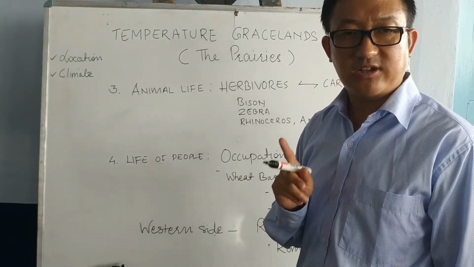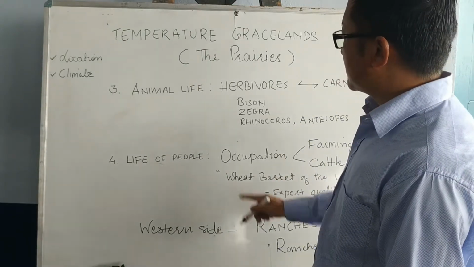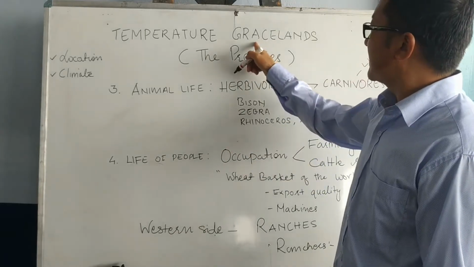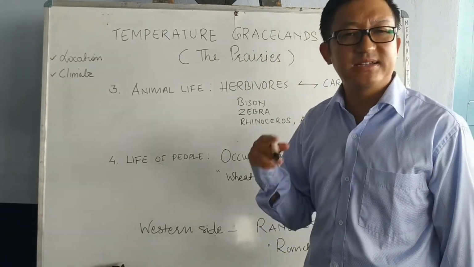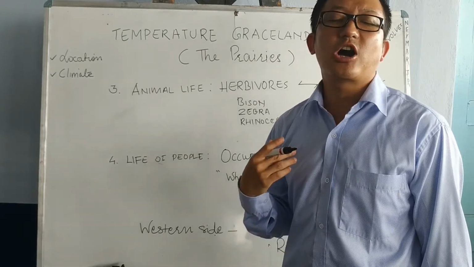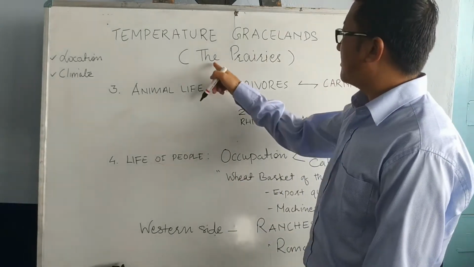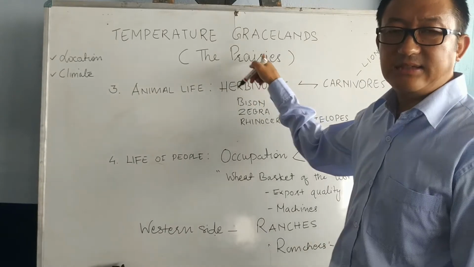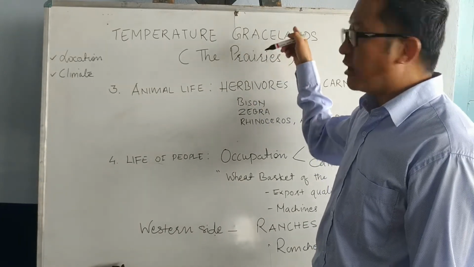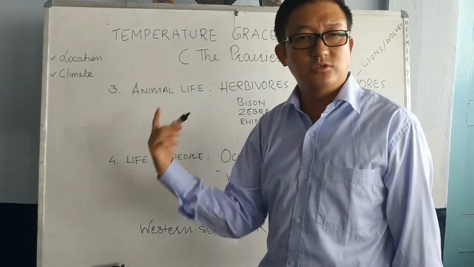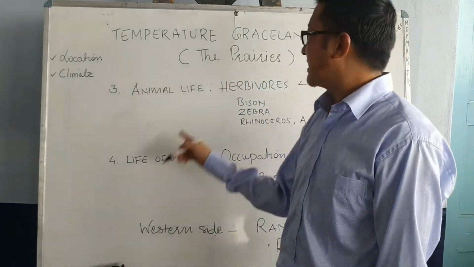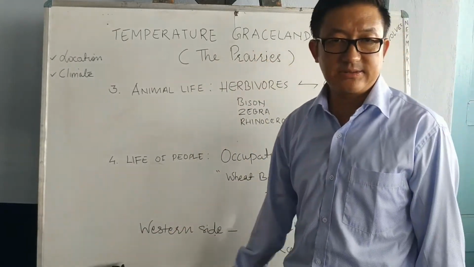So the same grassland is called by different names in different countries, and we are talking about the prairies, the grassland of North American countries.